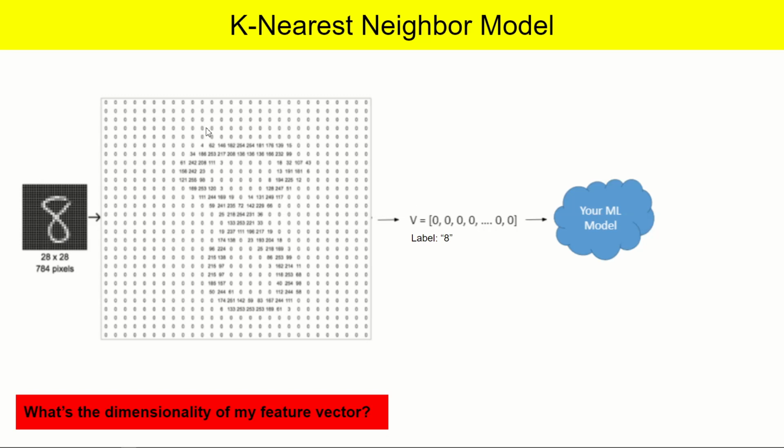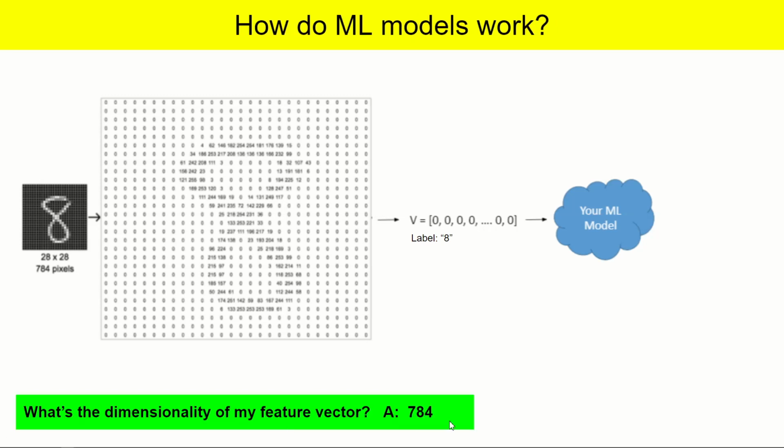And even though humans think about them in 2 dimensions, the feature vector is going to be 1-dimensional. So we're just going to take each row and append the rows one at a time to this single long list. So if we were going to train our machine learning model, we would give it a single list of 784 numbers, and then the label here would be 8 because that's the correct answer. So what's the dimensionality of my feature vector? It is 784.